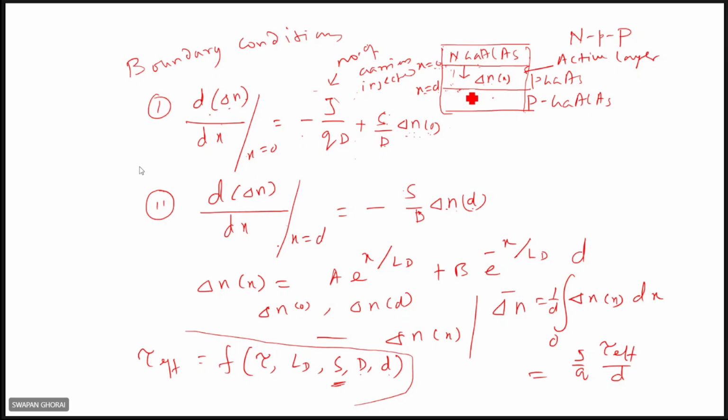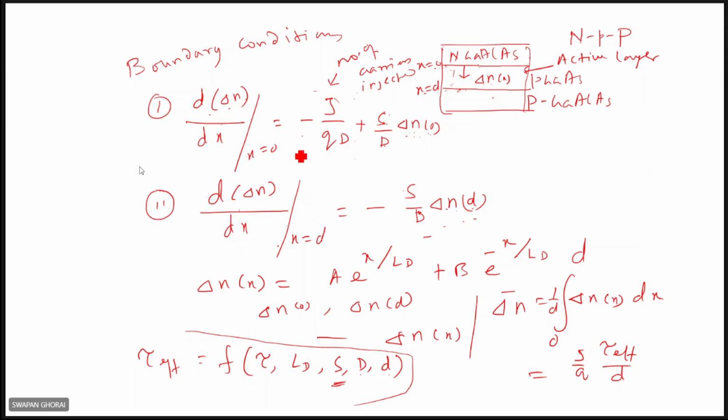There will be no excess carriers injected, so this term will be 0. Only surface recombination will be there, s by d delta n at d. And the negative sign is there because this is the gradient d of delta nx upon dx. So these are the boundary conditions.